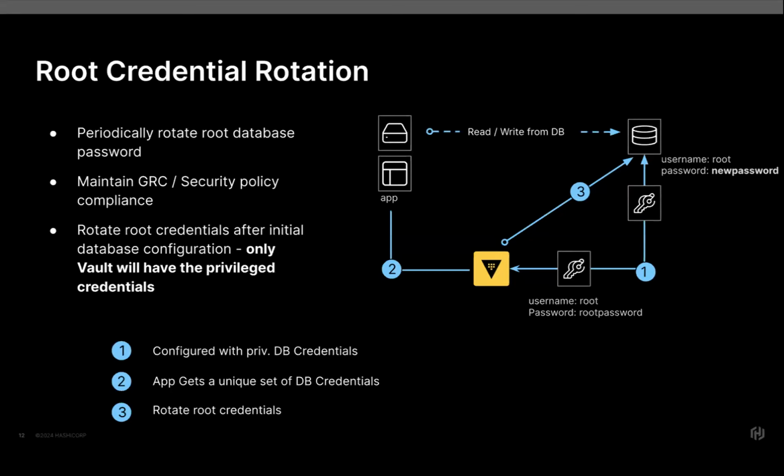But the important thing there is only Vault will know the root credential. You can't retrieve the root credential. Only Vault knows the root. So that's why it's best in this case to have kind of a backup root password somewhere, right? Because when you do that, only Vault internally will know the root credential, right?